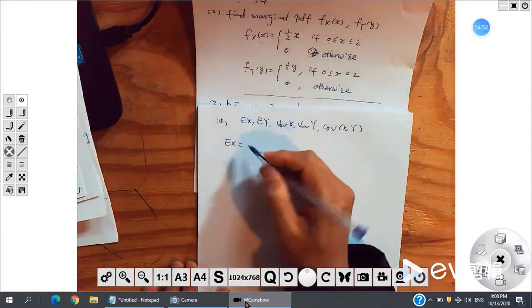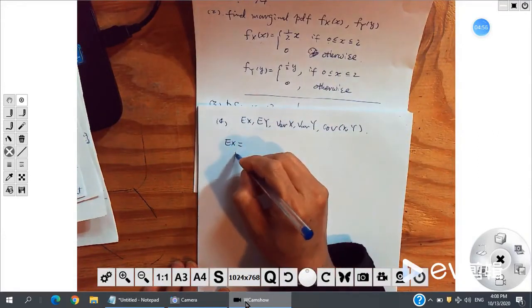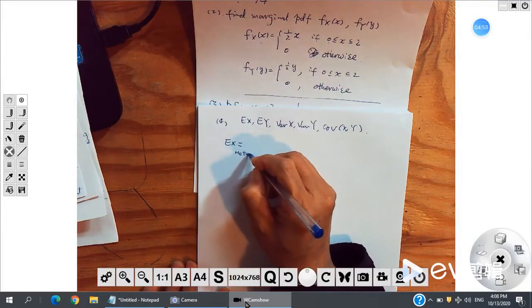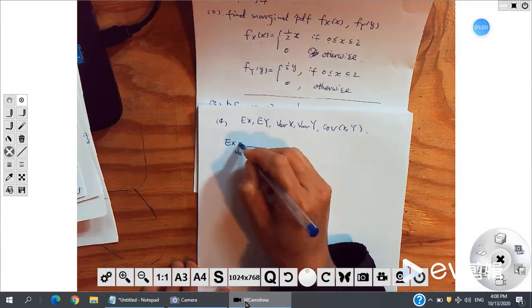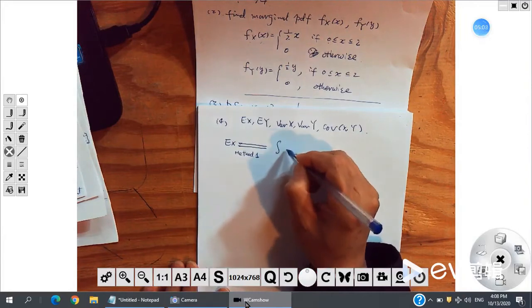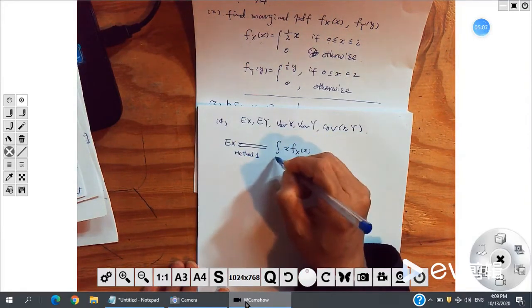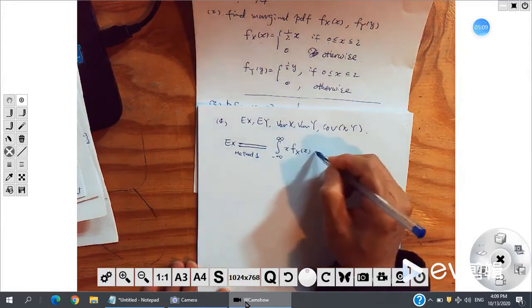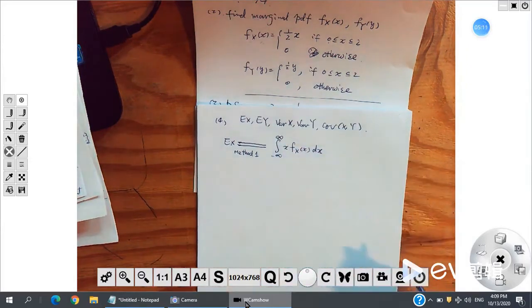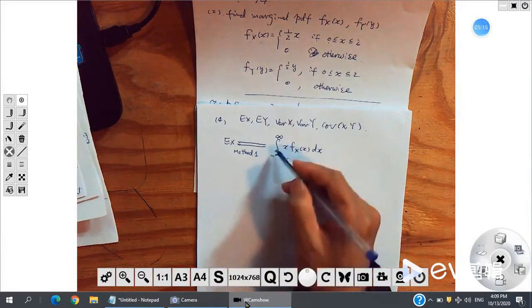Alright. So method 1 is the integration of x times f_X(x) from negative to positive infinity dx. This is the definition. If you only consider one variable x, then you just use this formula.